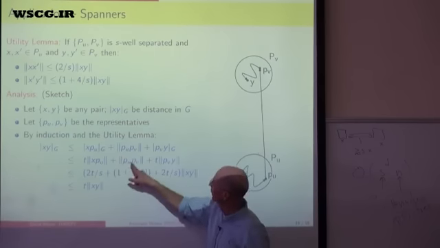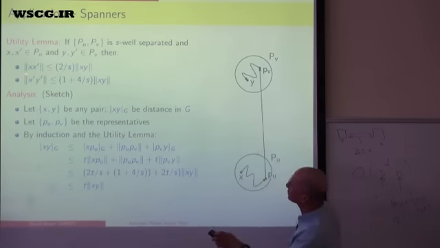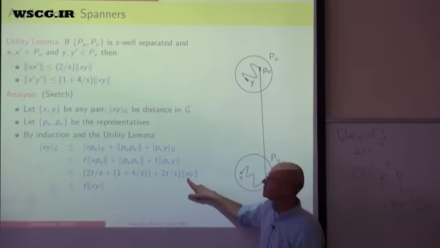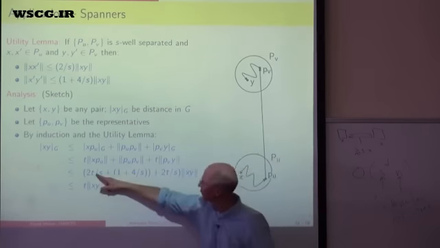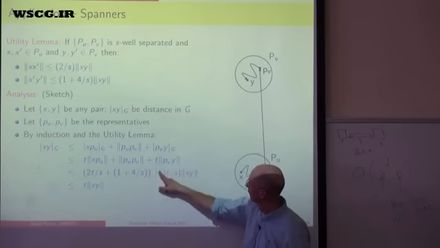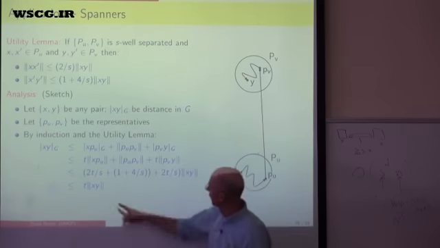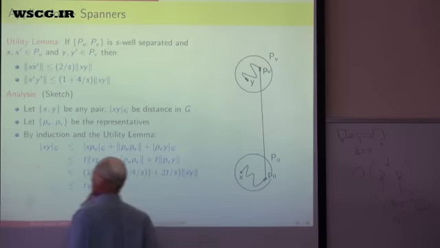For pu, pv, this follows by the second rule: think of this as pu, pv over here and xy over here. I get 1 plus 4 over s multiplied by the distance between the points. And then t times the distance between pv and y is exactly symmetrical to x, pu, so this is just going to be 2t over s. So when I put these together, what do I get? Let's just see what I get here.